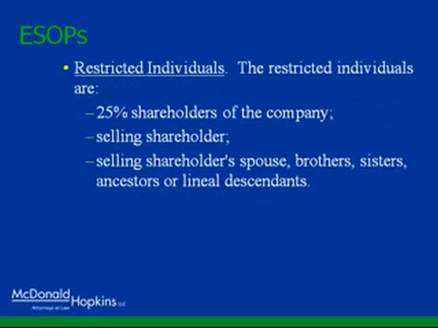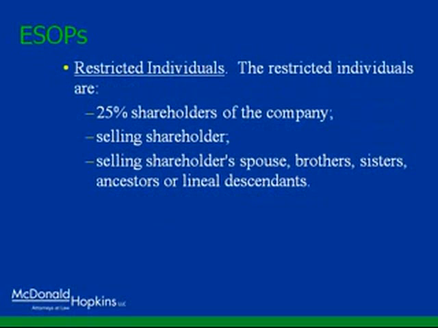So on those shares that the ESOP holds, more than a 25% shareholder of the company is not able to receive an allocation. The selling shareholder is not able to receive an allocation. And the selling shareholder's spouse, brothers, sisters, and any lineal descendants are also prohibited from receiving an allocation.